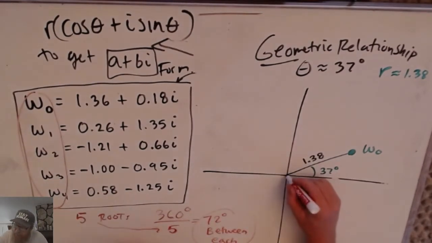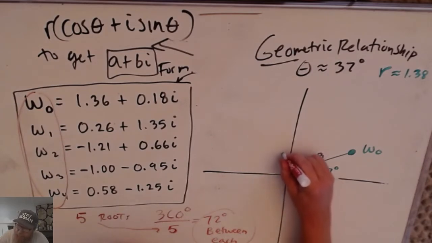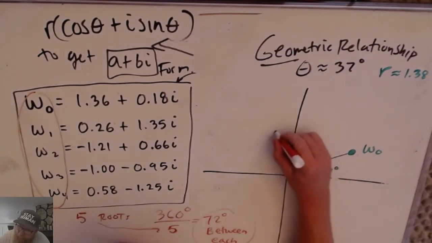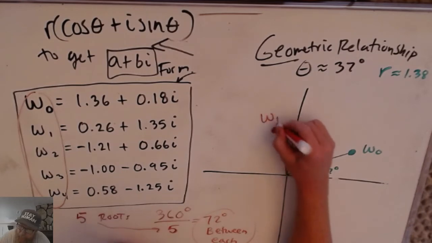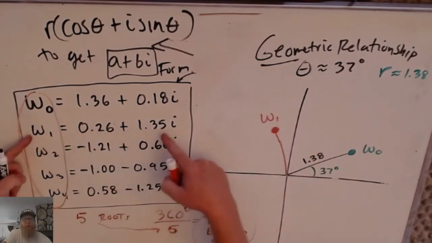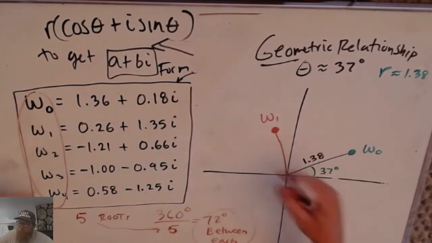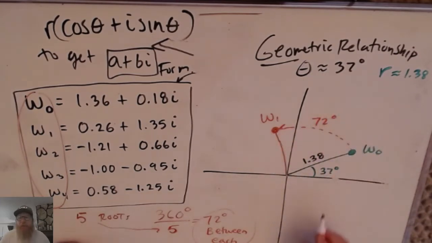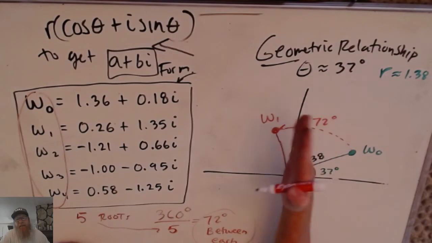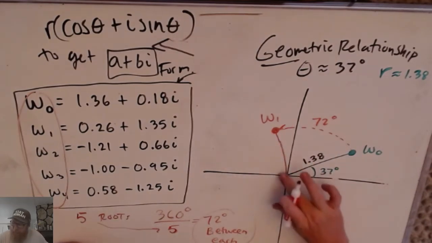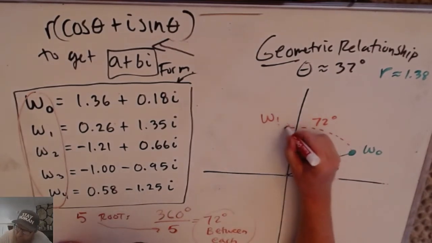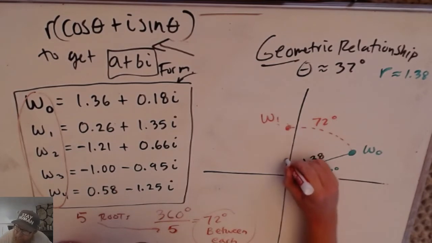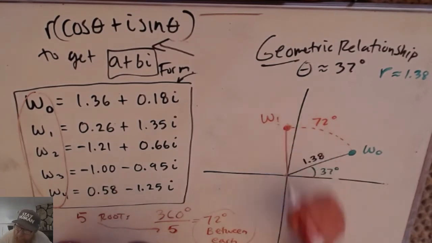So 72 degrees would put me just about here. And that would be my next root, 72 degrees away from the last one. So just rotate 72 degrees. I went a little bit too far. So just put you right, just a smidge more than 90, right about there.